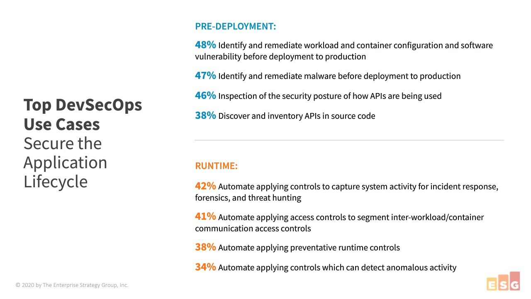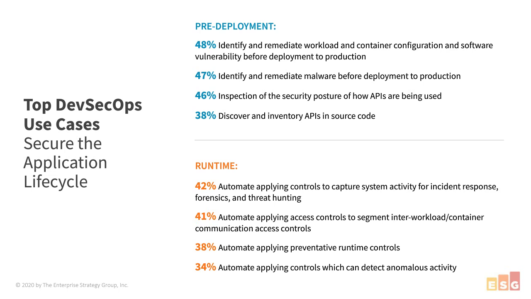I guess the main point I want to make in the slide is, again, don't boil the ocean out of the gate. Start with any of these use cases that feel right to you as a starting point. With that said, I do think our respondents are clearly saying, I've got a visibility gap, so I'm going to solve that visibility gap first by focusing on identifying and remediating configuration and software vulns pre-deployment before I push to prod.